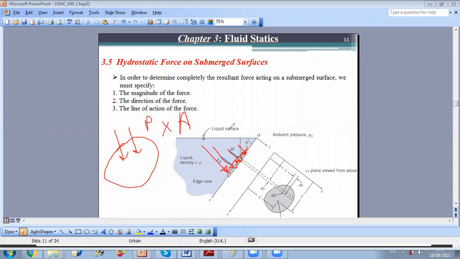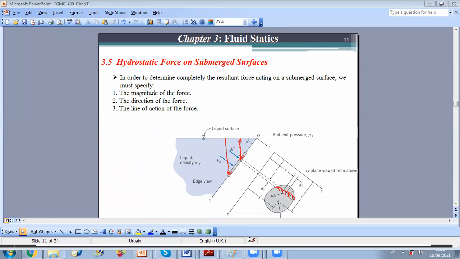In order to perform integration, I should decide on which element to integrate over. At each height the pressure changes, right? Every time the height changes, the pressure changes. So I can consider that for this elementary area, this whole part has the same depth.